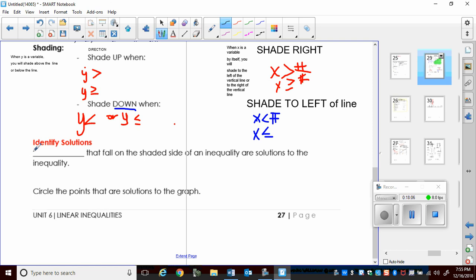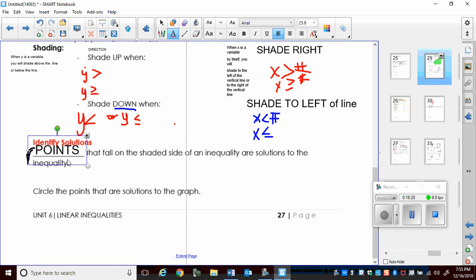So points that fall on the shaded side of the inequality are solutions to the inequality. Let me type this for you because my handwriting is bad when I can't control it with the pen. So we circle the points that are solutions to the graph.